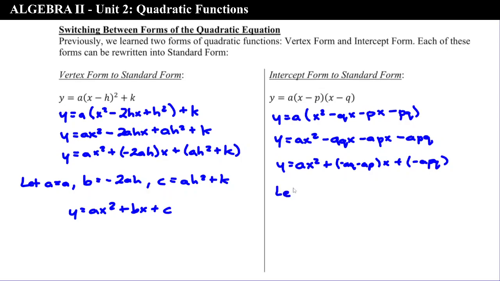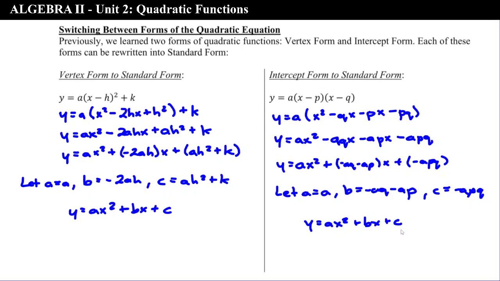And like I did before, let's let a equal a. Let's let b equal negative aq minus ap. And let's let c equal negative apq. And when we do that, we end up with y equals ax squared plus bx plus c.